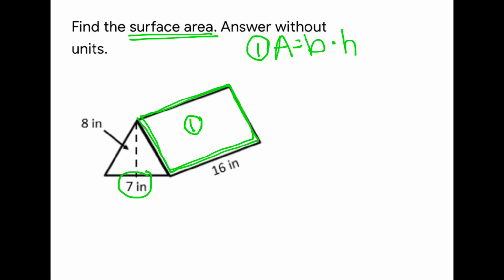So this and this and this all have the same measure. So that will give you the height of rectangle 1. I will give you a second to find that area.